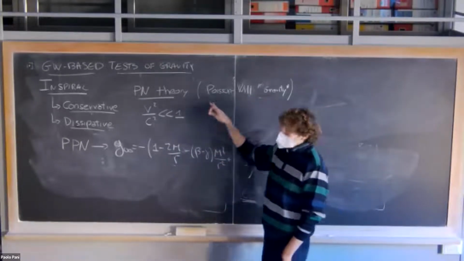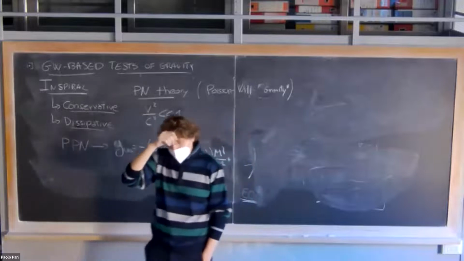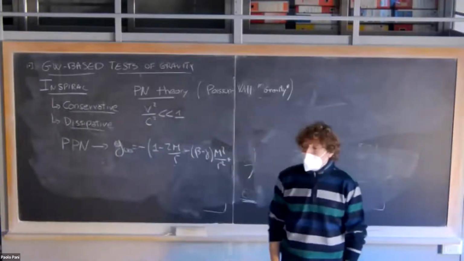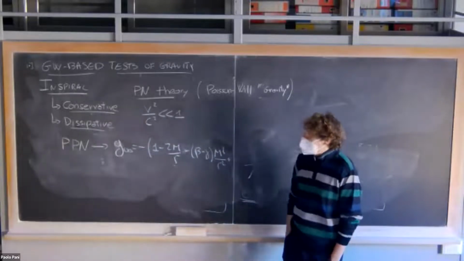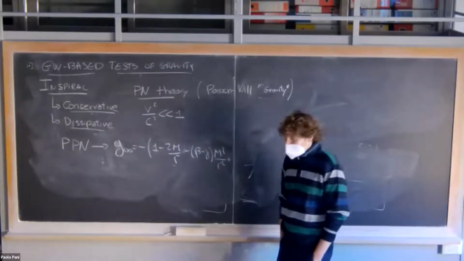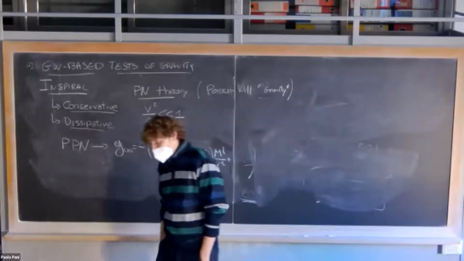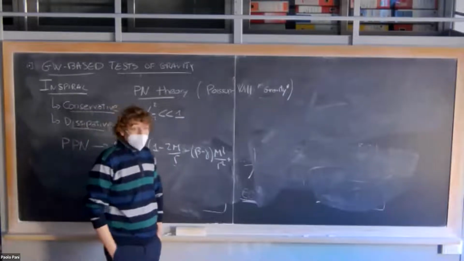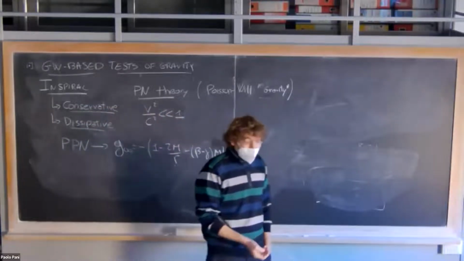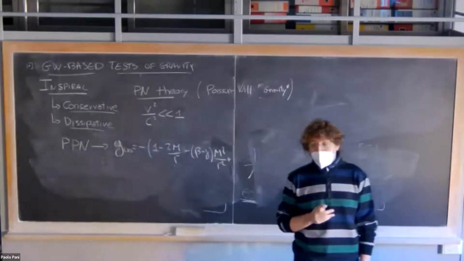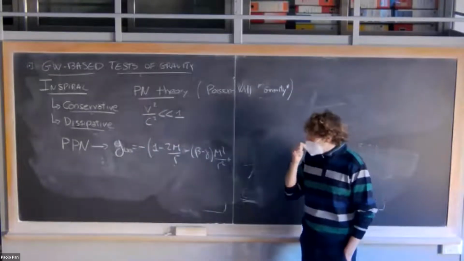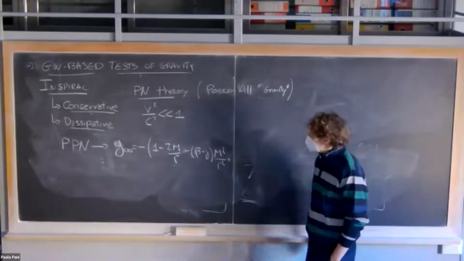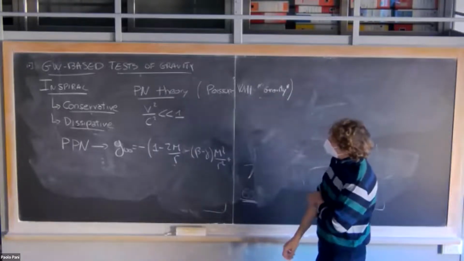For a binary, the most relevant test of gravity that one can do relies on a very similar idea. So one wants to parameterize in a certain way observables, which in this case for a binary would be gravitational wave signals, and introduce extra parameters that can possibly cover all corrections to GR and put constraints on those parameters. So how do we do that in post-Newtonian theory?